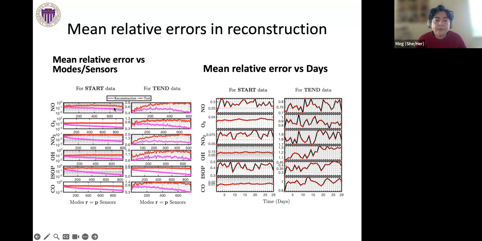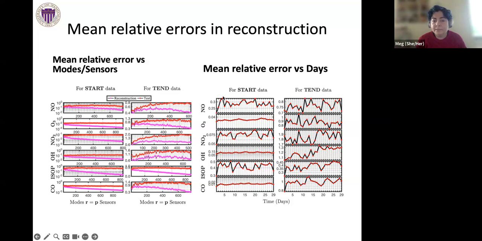And the test data, on the other hand, does not show any reduction in error. It just pretty much stays constant, no matter how many modes I increase up to or how many sensors I use. So I'm not able to reconstruct unseen data as well. To see what's happening inside, we further investigate by picking 500 linearly time-ordered samples, and this is the last reconstruction result.